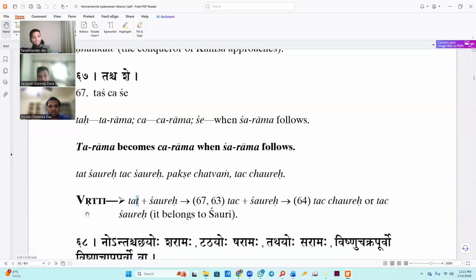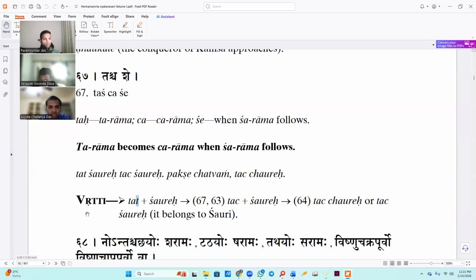What does the 63 rule mean? Read it. It is the exception to the 61 rule when there is Vishnu Das plus Yadava. Yadava Matre, Hari Matre, Hari Kamalam.